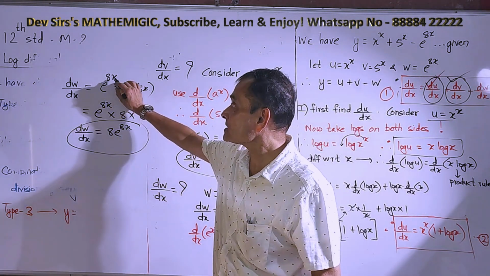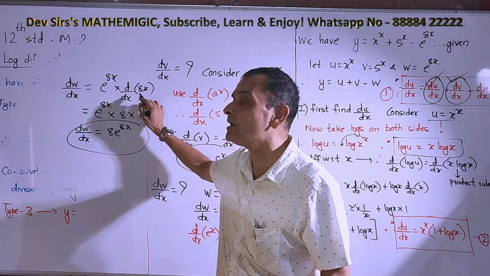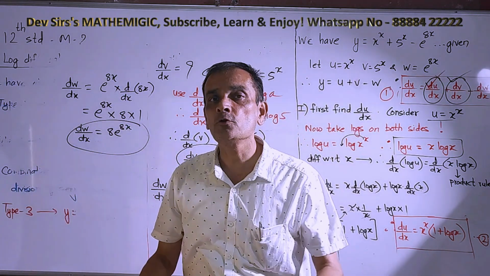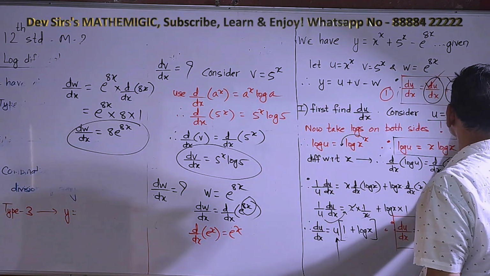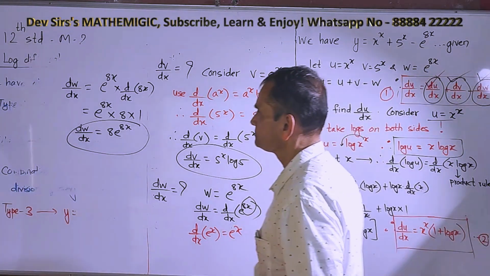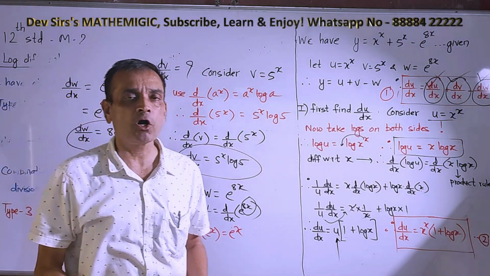So e raised to 8x का डेरिवेटिव e raised to 8x into d by dx of 8x. Get used to chain rule. हो गया. All three answers we have got.